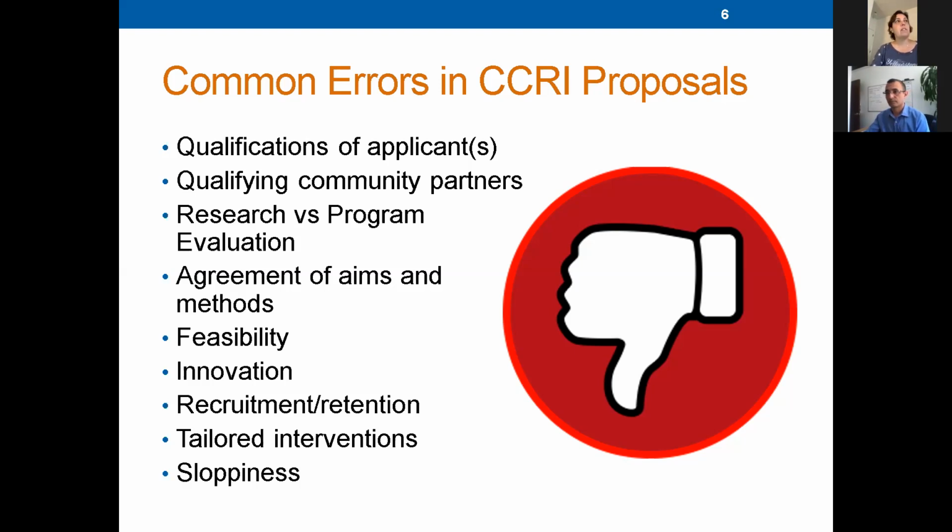And then fundamentally, we do ask a review board to come together that includes community and UCI faculty, and having an application that's well written, that has hit each of the boxes, that isn't sloppy, really helps.